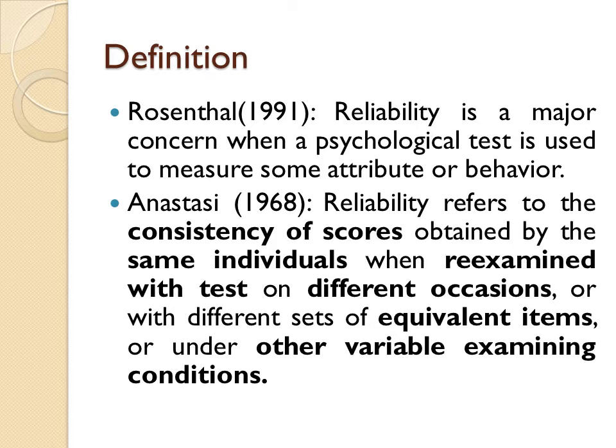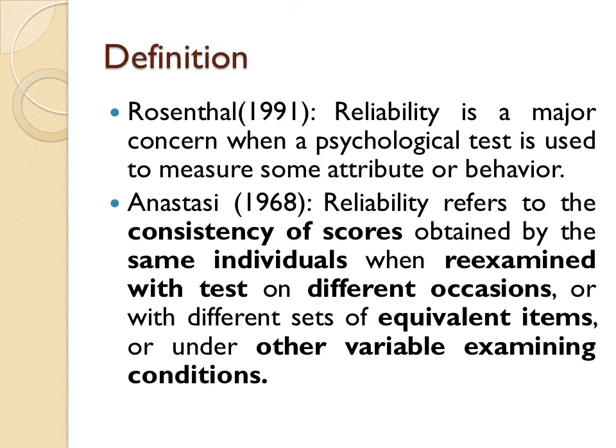Okay, and then let's go to Anastasi, the author of the psychological testing book. Anastasi in 1968 states that reliability refers to the consistency of scores obtained by the same individuals when re-examined with tests on different occasions or with different sets of equivalent items or under other variable examining conditions.